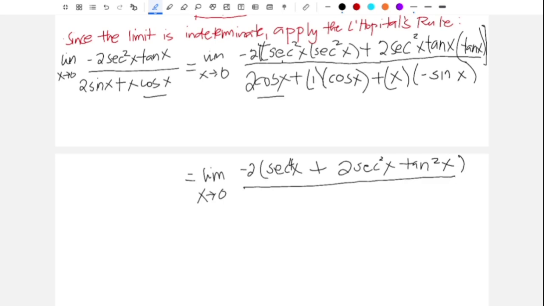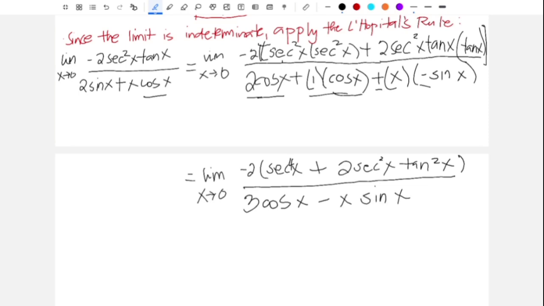We have cosine here and cosine here, so we can add these terms, and we will have 3 cosine x plus, we distribute the sign, and we will get negative x sine x.